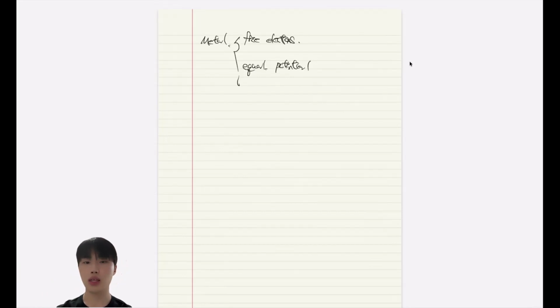But in this energy band diagram, we will not use metal. We will use semiconductor, especially p-type or n-type, but in this energy band diagram, I will use n-type semiconductor. There could be a question why we use n-type semiconductor.